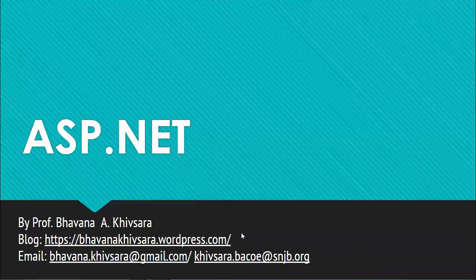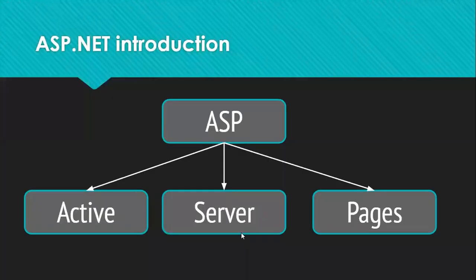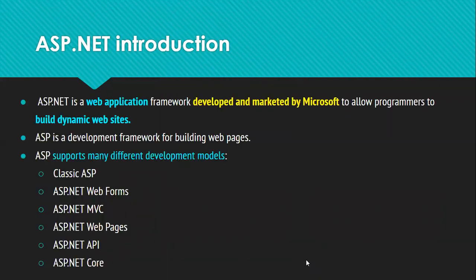Today's topic is ASP.NET. ASP is nothing but Active Server Pages. ASP.NET is a web application framework developed and marketed by Microsoft, and it allows the programmer to build dynamic websites. ASP is a development framework for building different web pages.